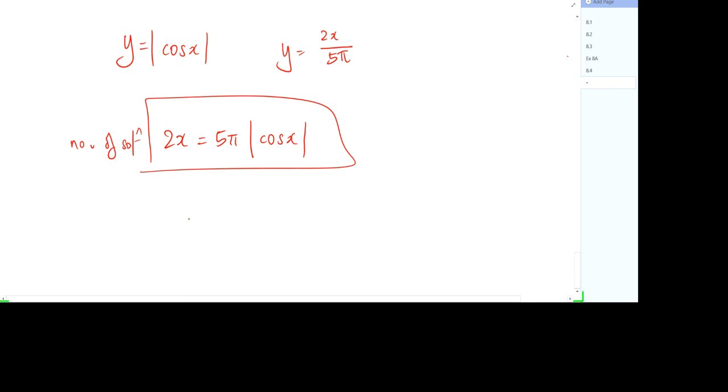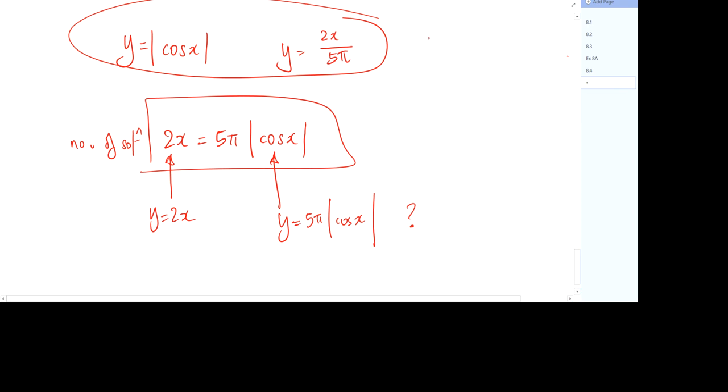Should we then sketch y equals 2x and also the graph of y equals 5 pi modulus cosine x? Should we sketch both? Then what's the easier way? Why should we use our existing two graphs? How and why we can do that?